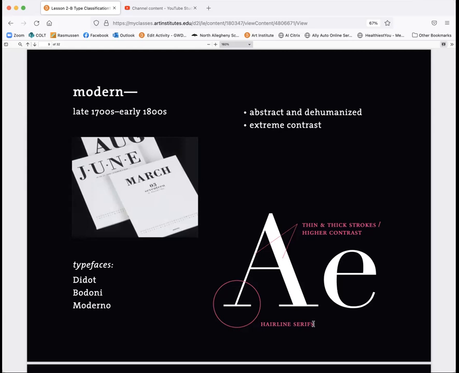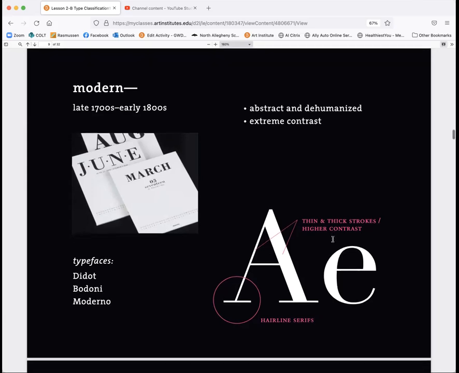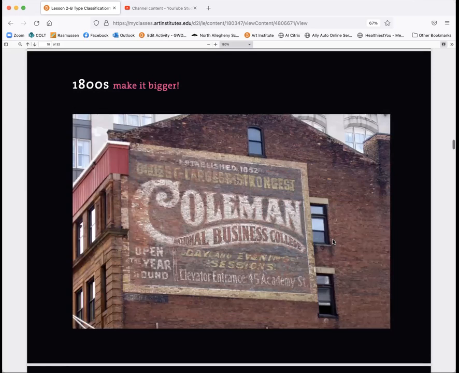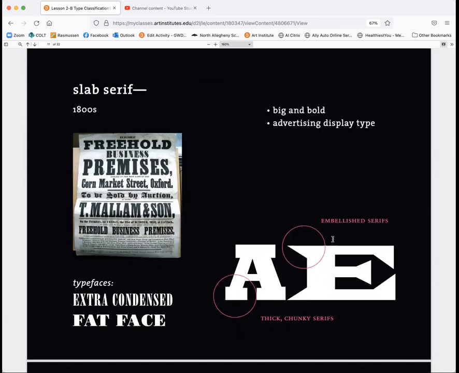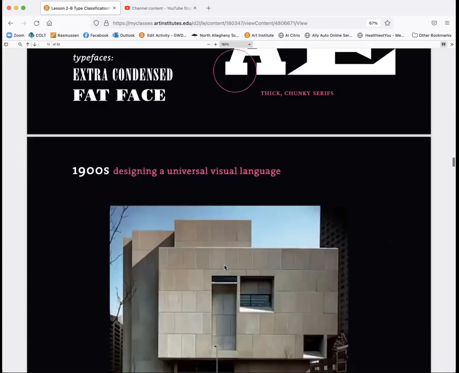They have hairline serifs, thin and thick strokes, and high contrast. In the 1800s, it's all about making it bigger. We're talking about slab serif, big and bold, advertising display type. You can see here embellished serifs, thick, chunky serifs. Some of these include extra condensed and fat face. You can see these examples, and also in this newspaper, what a slab serif looks like.